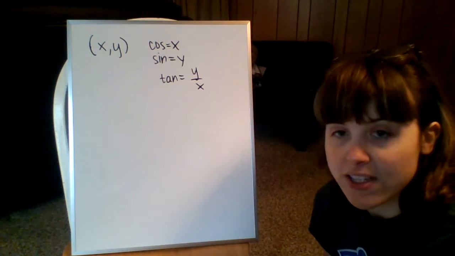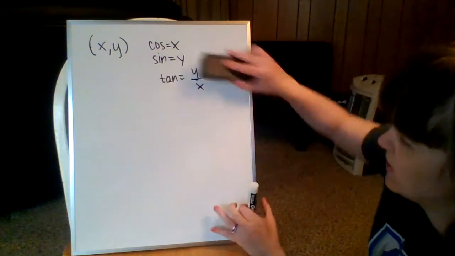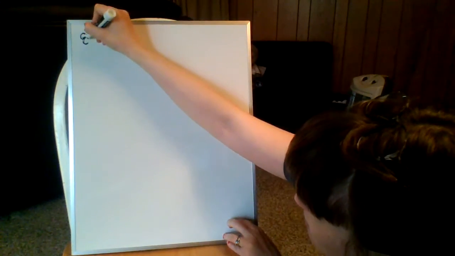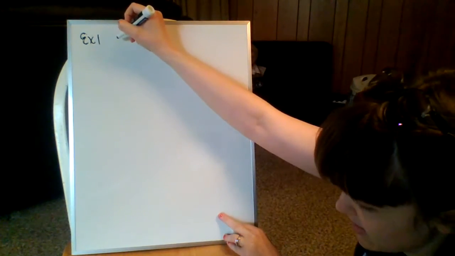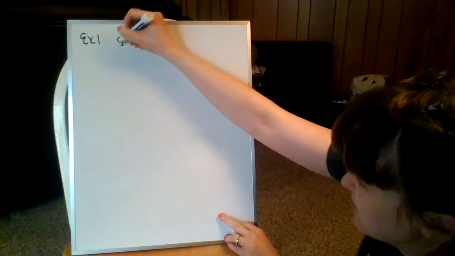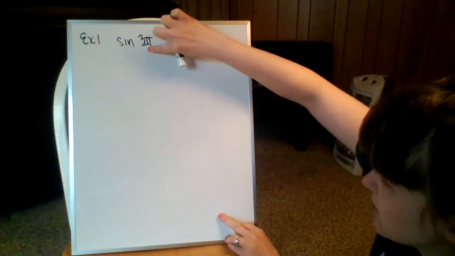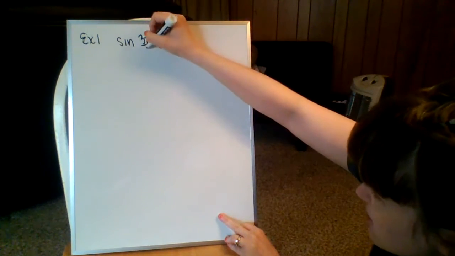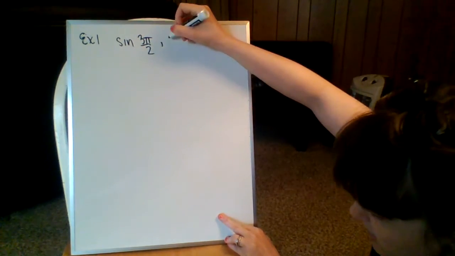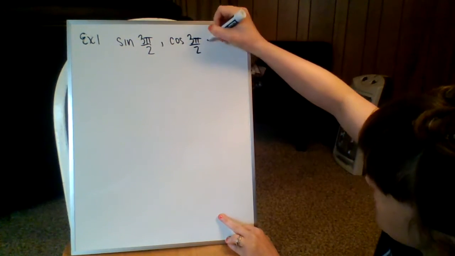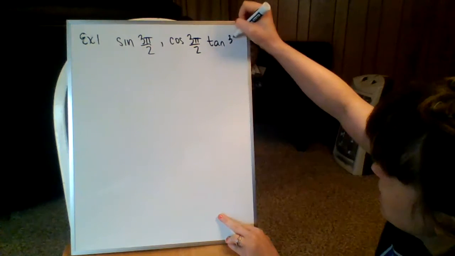We're going to start with example 1 on your notes. Example 1 says find the exact values of sine of 3 pi over 2, cosine 3 pi over 2, and tangent 3 pi over 2.